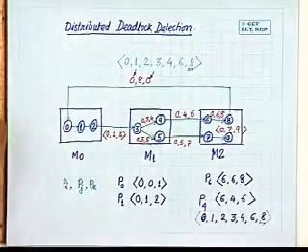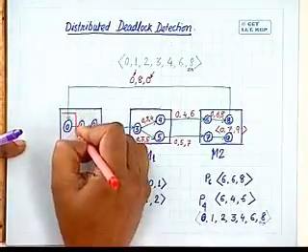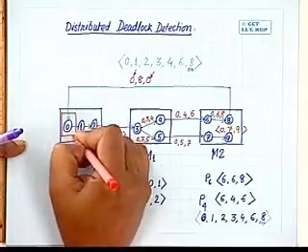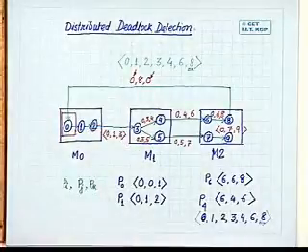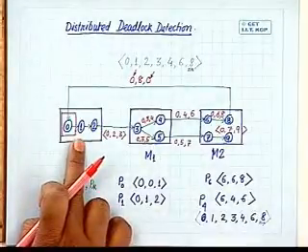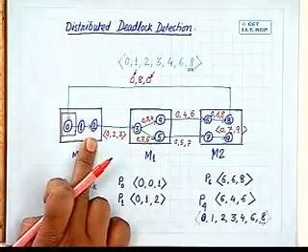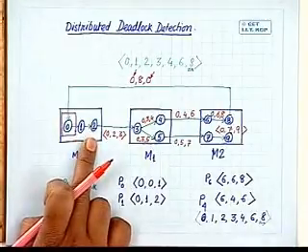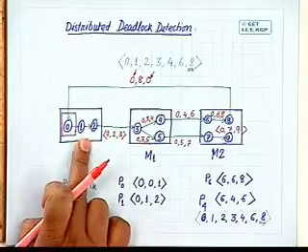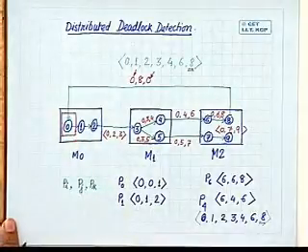After that, let us assume the situation that process 0 was not existing, when this was not part of the cycle. Then process P1 would have made some request and it has been blocked by process 2. It is waiting for process 2 to release that resource. Process P1 will generate that message, same message.